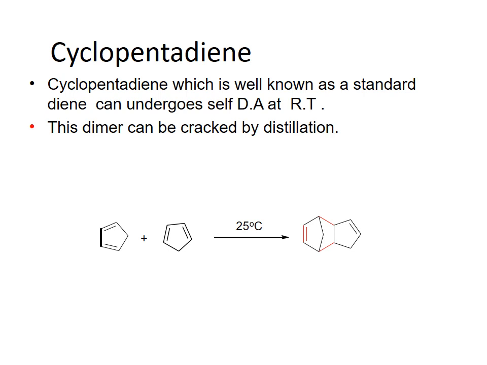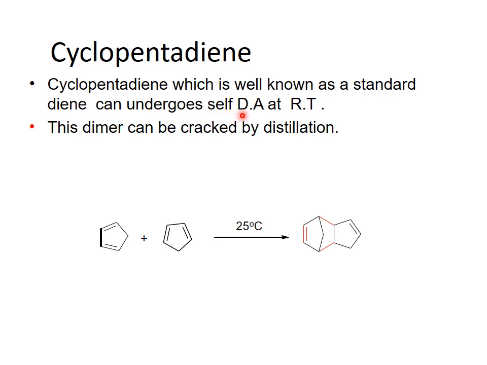This slide shows cyclopentadiene. Cyclopentadiene, which is well known as a standard diene, can undergo self-Diels-Alder reaction at room temperature. The resulting product, the dimer, which is formed in the reaction between two cyclopentadiene molecules, can be cracked by distillation.